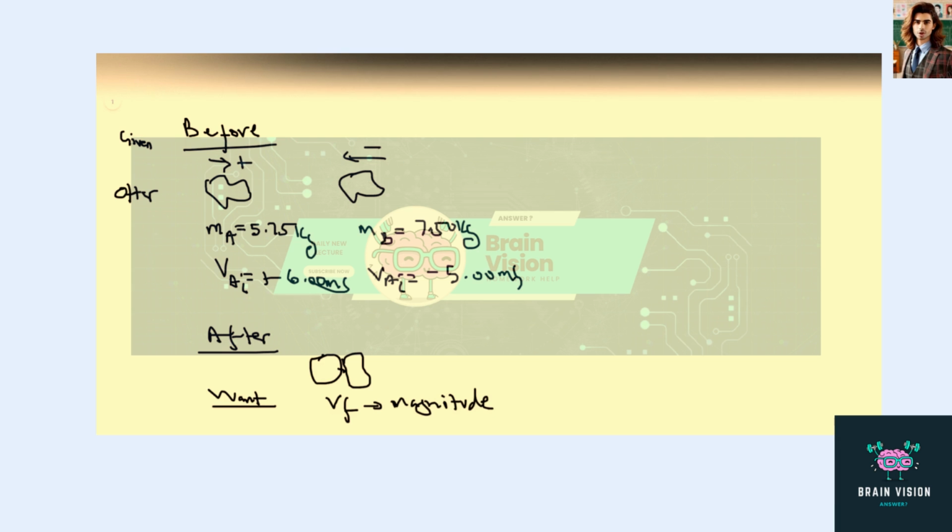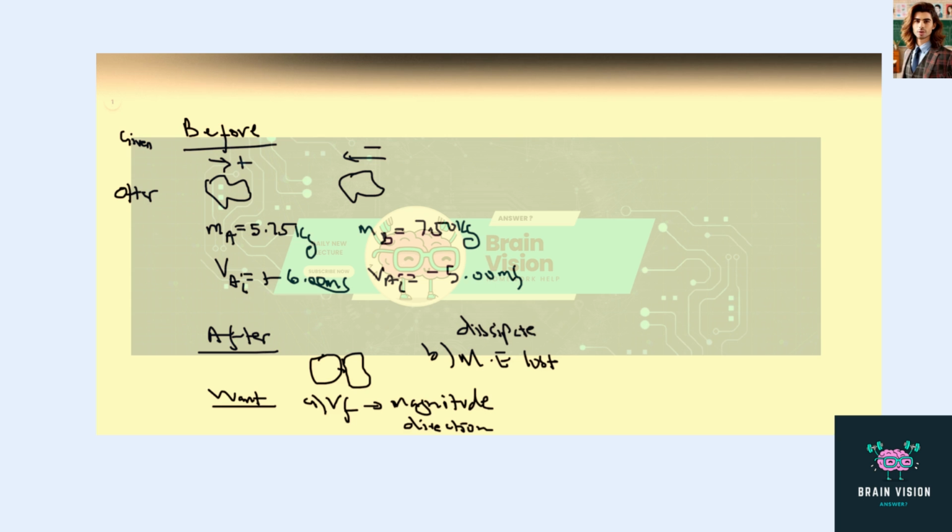That's part A. In part B, the second thing we want to find is the mechanical energy lost in the process, or what they call dissipated in the process.